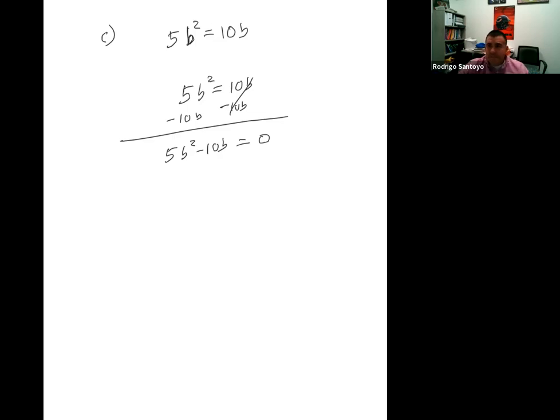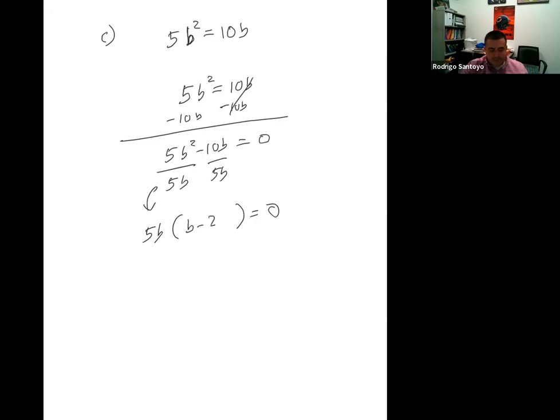Do we do like the 5b over 10b? Yeah, we divide both of them by 5b, right? Because the 5b comes out, and what does that leave us with? 5b times b minus 2.